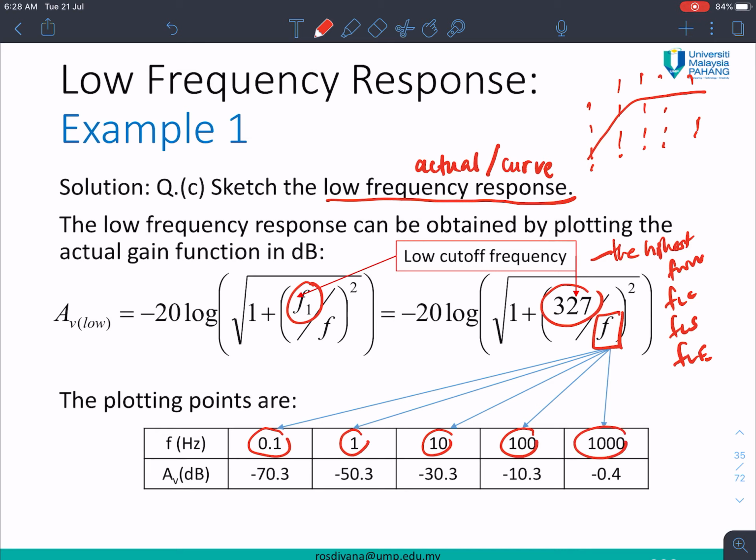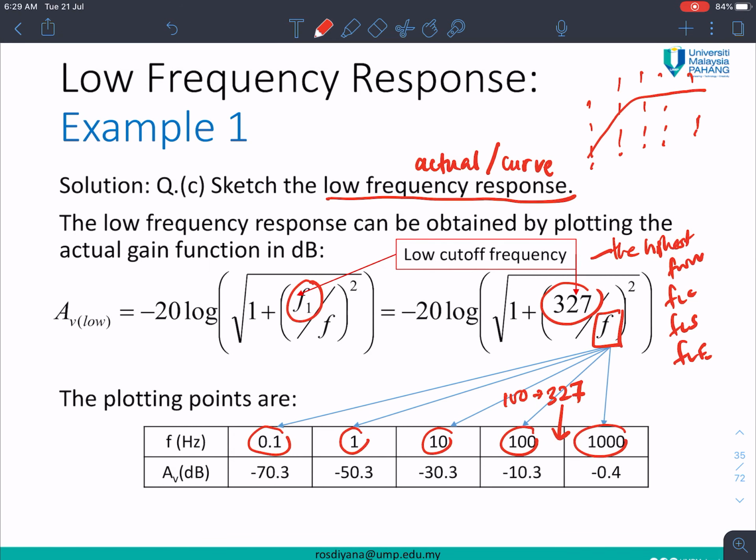Because my frequency is in this range, between 100 and 1000. So I need more points to get the curve at this side. When you calculate here, you replace this frequency with 0.1, 1, 10, 100, and 1000. Then you get its value here.